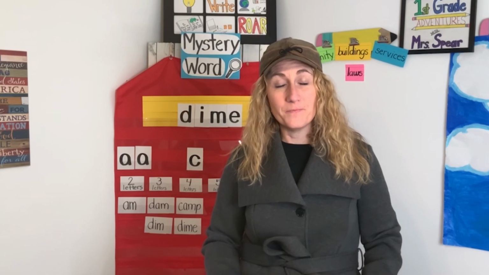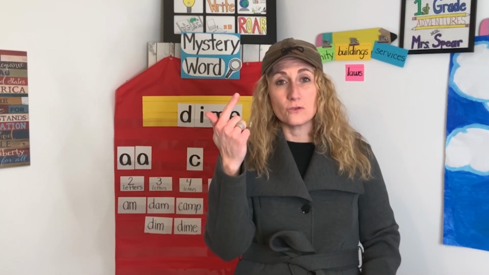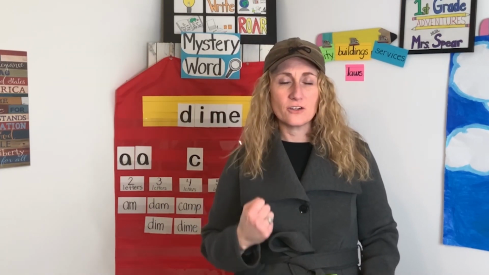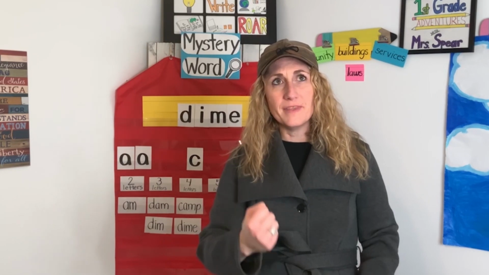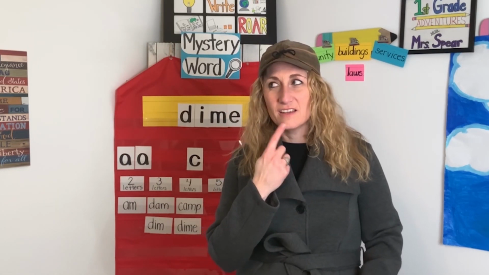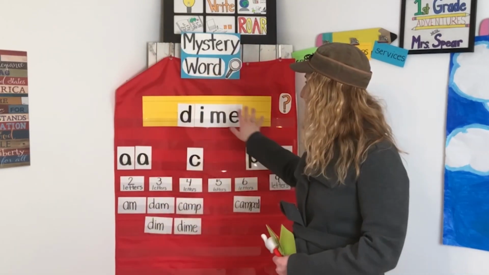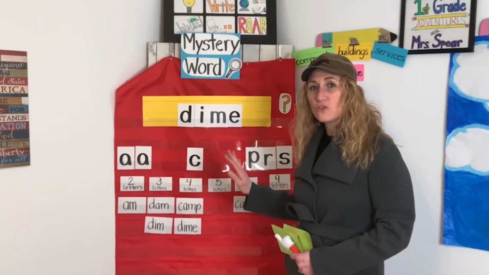Crime. Nice job. Let's do the sounds we hear in crime. Here we go. K, R, I, M, crime. There are 4 sounds again in crime. But you know what? There are 5 letters. How can we change dime to crime?